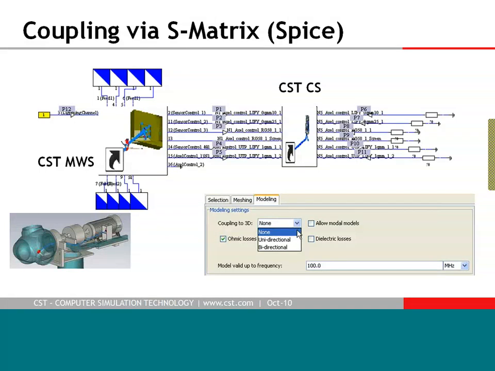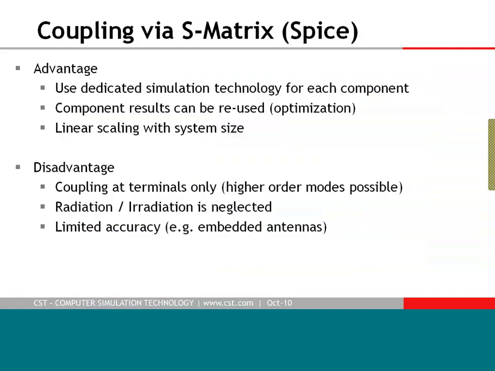So this is what we call a coupling via S matrix, if we consider the system weakly coupled. So we just have a coupling on the terminal. It's a very straightforward way to put together 3D structures and cable and so on.